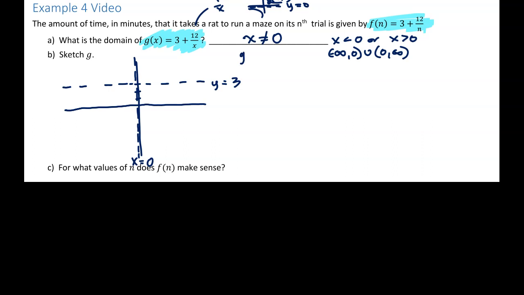If I plug in 4, I get 3 plus 3 is 6. So 1, 2, 3, 1, 2, 3, 4. So it should go through, goes way up there, and then it comes down, and it goes through 4, 6. And then we should have something fairly similar on the opposite side.